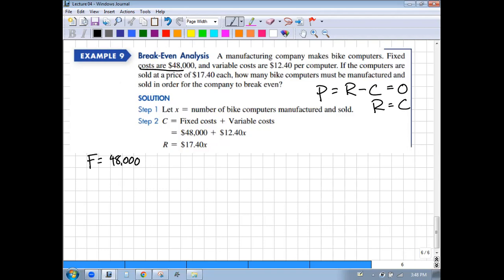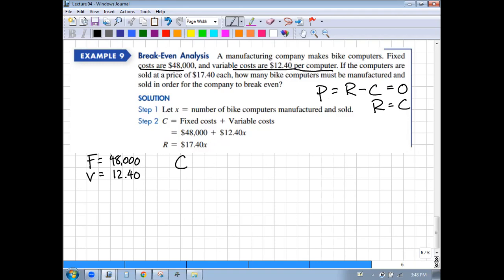If we're doing anything else where there are lots of different units like pounds and lengths, then you want to write your units. But here things are so simple. We know it's all dollars, so fixed costs of 48,000. The variable costs are $12.40 per computer. So I'll use V to be $12.40.